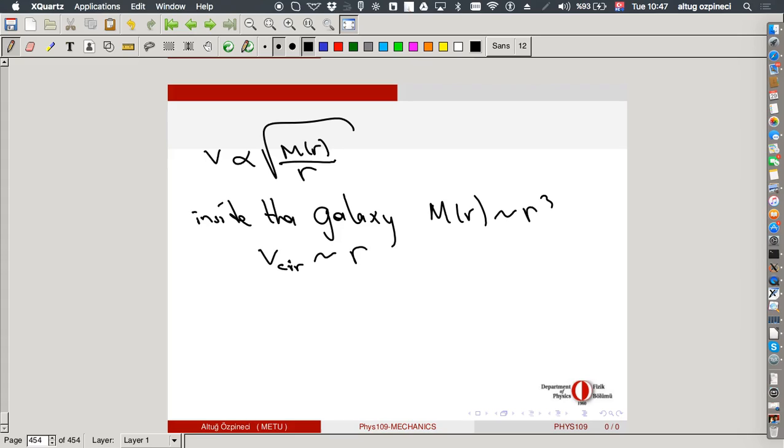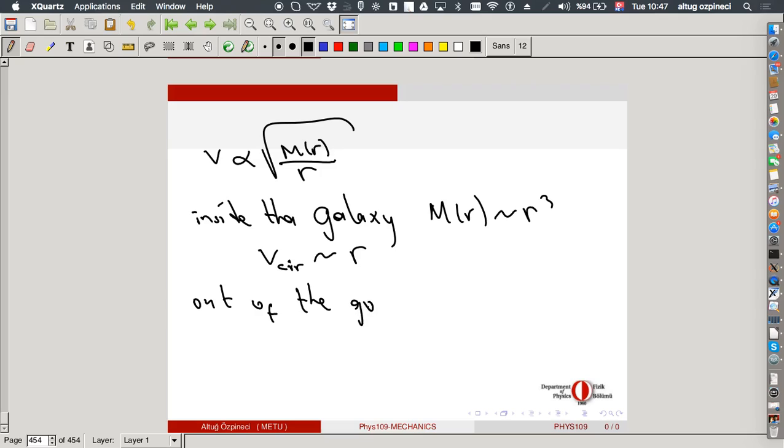Of course, we made many approximations here, but we would assume that the circular speed of the star should increase as we go away from the center. You can also say that if the whole galaxy is rotating as a rigid body, this is also what you would expect from rigid body motion, if the shape of the galaxy is not changing as it's rotating.